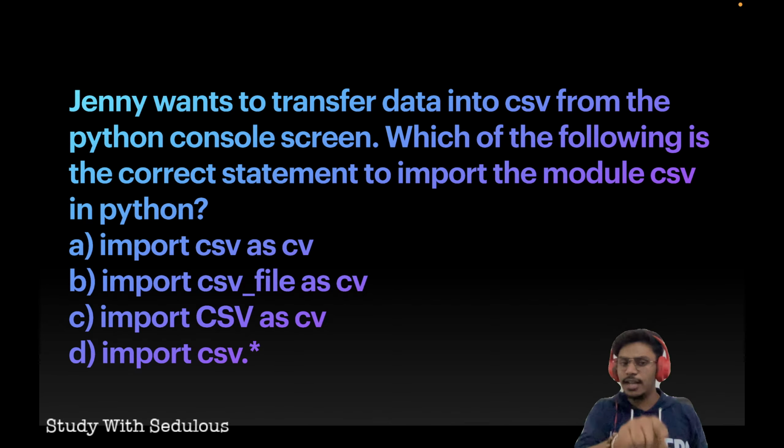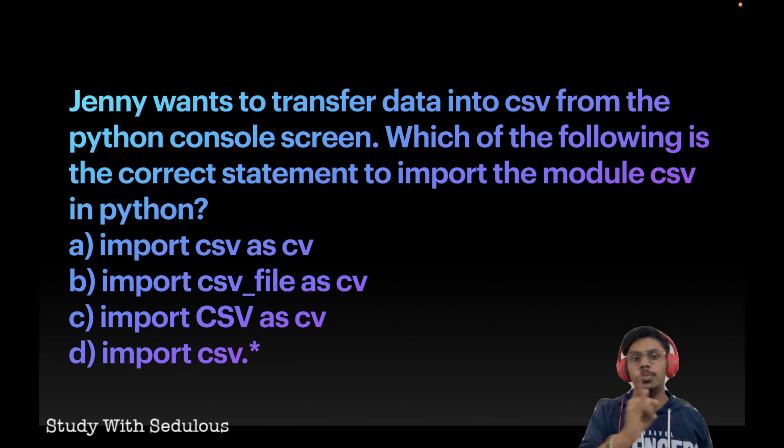In the last option, if it was import csv as star, it would make sense, but it is dot star and that has no mention in our syllabus or in any of the things, because dot star doesn't exist.